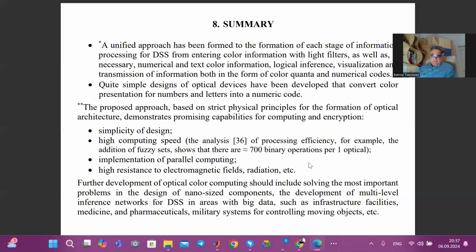A unified approach to the formation of each stage of information processing for DSS, from interim color information with light filters as well as, if necessary, numerical and text color information, logical inference, visualization or transmission of information, both in the form of color quantities and numerical codes. Quite simple designs of optical devices have been developed that convert the color presentation of numbers and letters into numeric code.